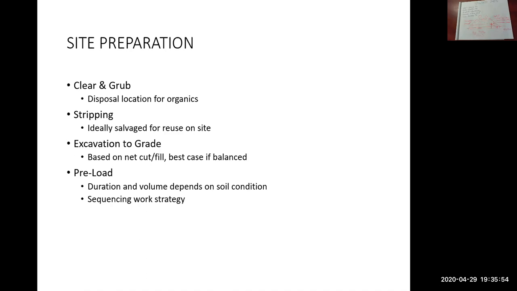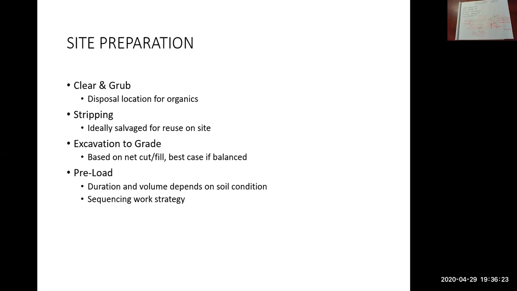After all the settlement has occurred, you're then allowed, as the contractor, to remove all the preload sand. So remove that 3 meter or 5 meter high fill, get rid of it, take it off site, and then you're allowed to build the road. That's when you would proceed with either cutting to subgrade or filling to subgrade, and then the road structure from there: subbase, base, pavement.